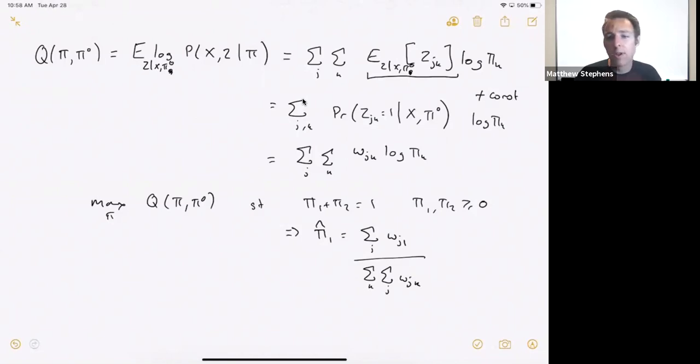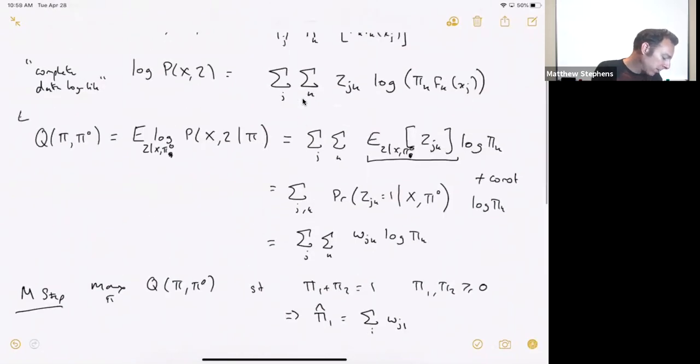Right. And pi 2 is 1 minus that. They have to sum to 1. So that's the M step. This was the E step, of course.